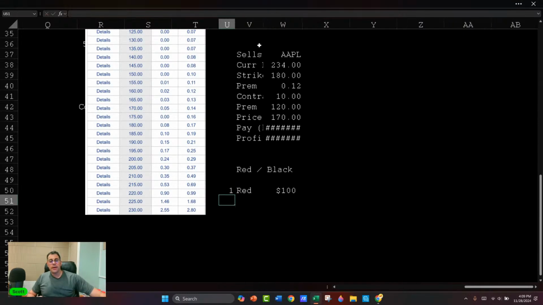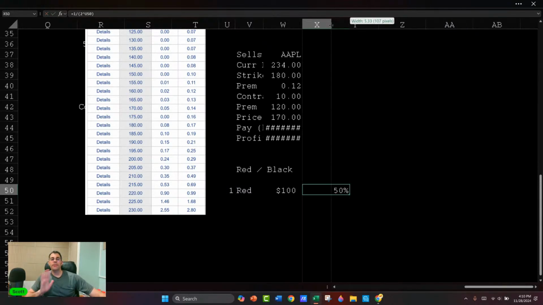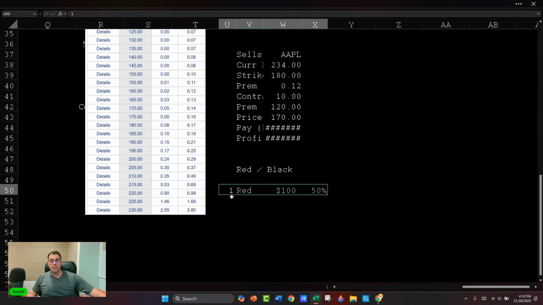So I could guarantee you can make $100 with my strategy. It's 1/2 to the first power. If it lands on red, you're done. You get your $100 and you go home.